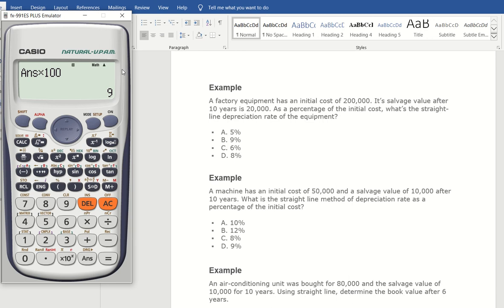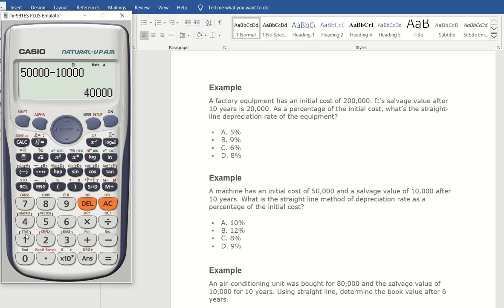So let's move on to another example. A machine has an initial cost of 50,000 and a salvage value of 10,000 after 10 years. What is the straight line method of depreciation rate as a percentage of the initial cost? So again, guys, make sure it's in mode 1. Just key in 50,000, then minus the salvage value.